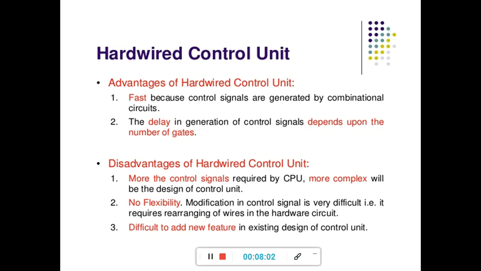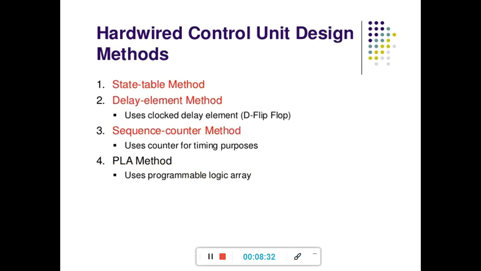There is no flexibility at all, and more control signals are required for the CPU, because every input is taken from the register or the memory through some helping hands. So the more control signals are required for the CPU, the more complex it becomes to design a control unit. These parameters come under the disadvantages.